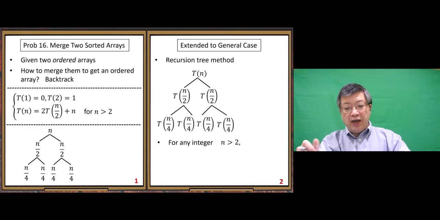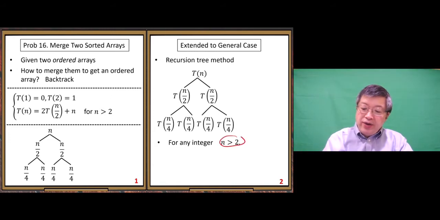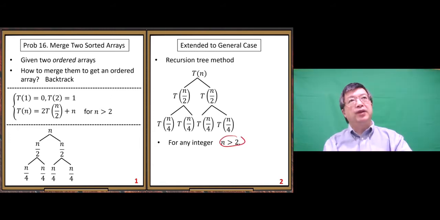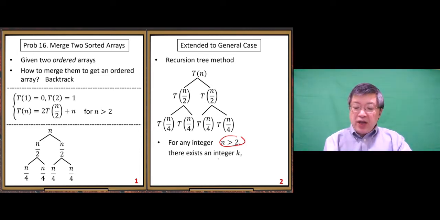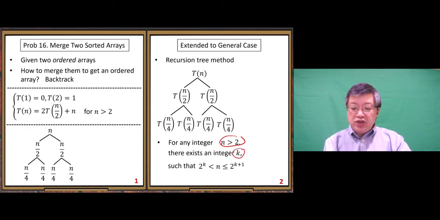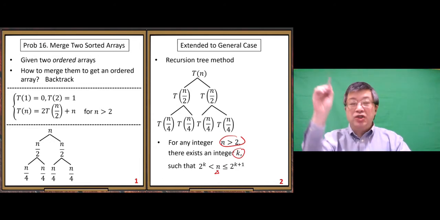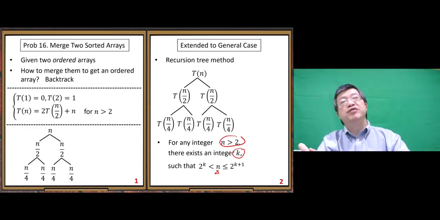Given n greater or equal to 2, there exists an integer k such that n is between 2 to the k and 2 to the k plus 1. We can always find such k.